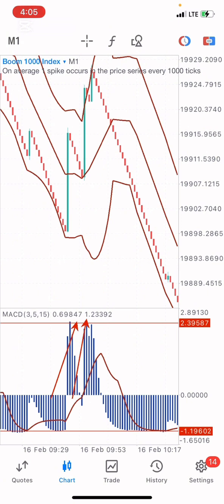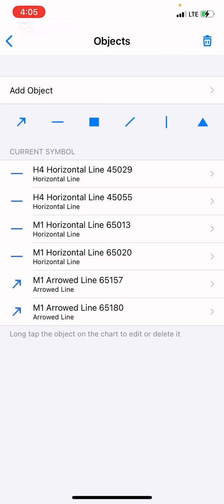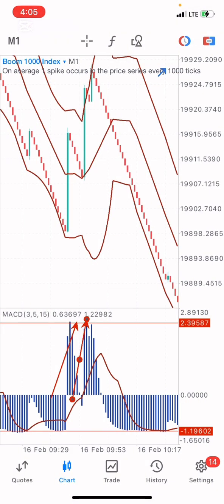Now, when you see the main line of your MACD, the blue one, come to this region, and then you notice it starts decelerating from that region, it starts dropping, and then it comes below the signal line, the red one here. All right, pay attention to it.